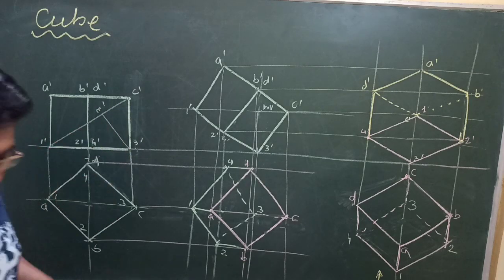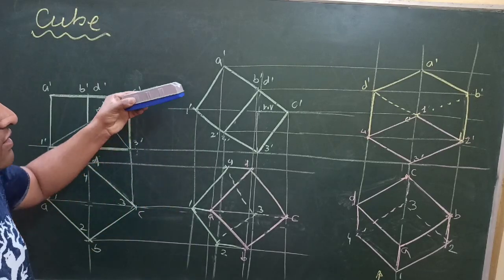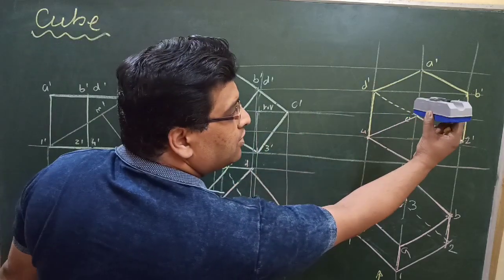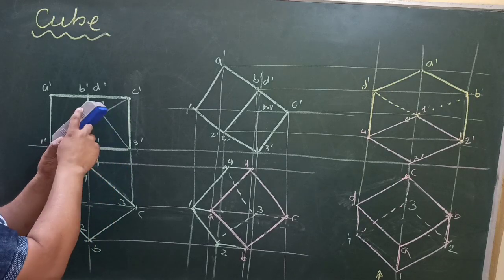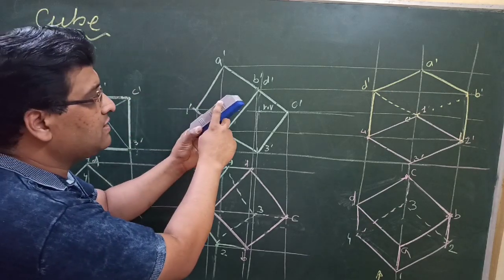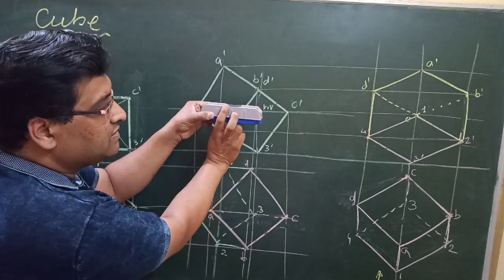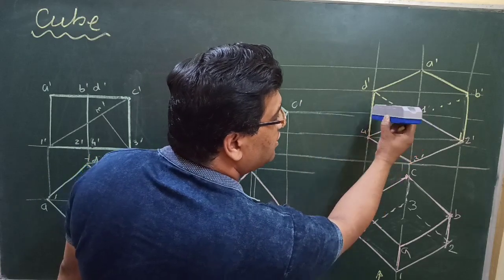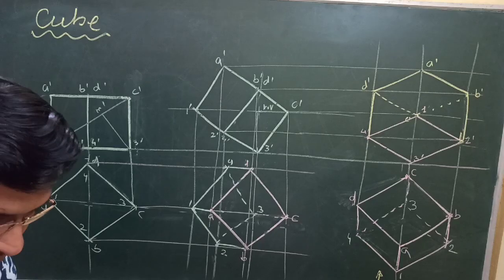So what do we have to do? We have to first make this solid diagonal parallel to HP, and then we will make it perpendicular to VP. Right now it is making some angle with the HP. So in the next step we will make this parallel to HP, or parallel to VP also. Then in the final stage we will make this solid diagonal perpendicular to VP and the final condition will be achieved.